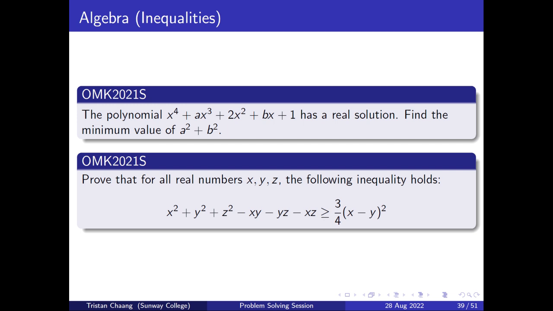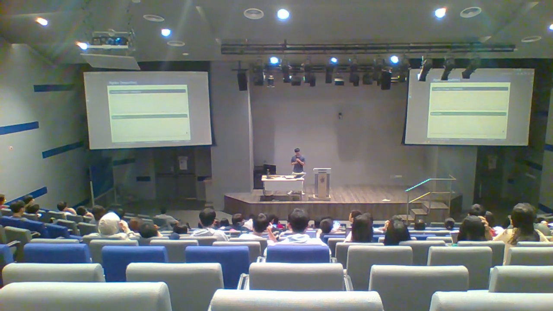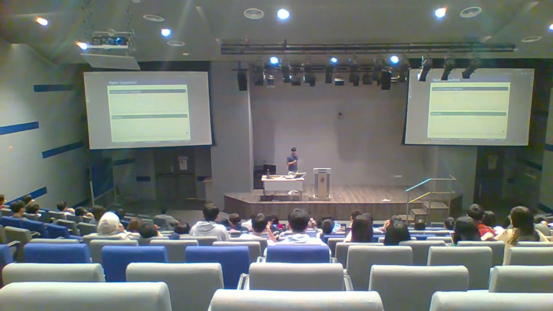Why AM-GM is powerful is because it converts a sum into a product. Whenever you get to some point where you have a sum of things, but you want to convert it into a product in the next step, you can try to use the AM-GM inequality. And the powerful thing about Cauchy is that you can convert squares to non-squares.